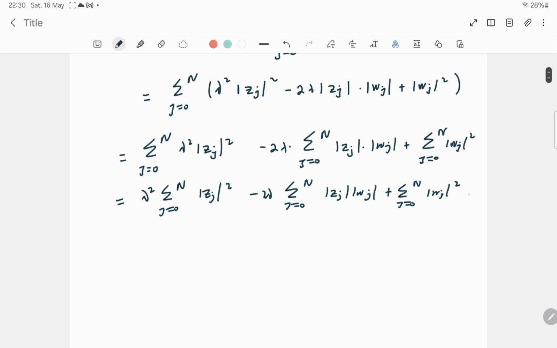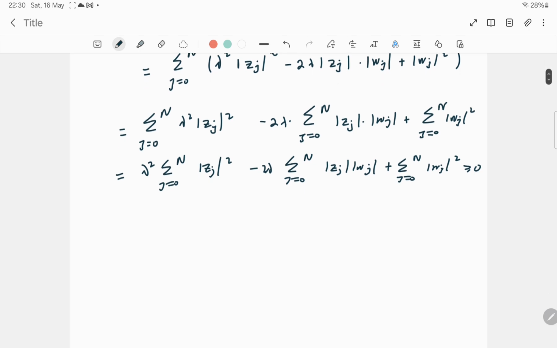We want this to be bigger than or equal to 0, so the discriminant of this polynomial should be less than or equal to 0.